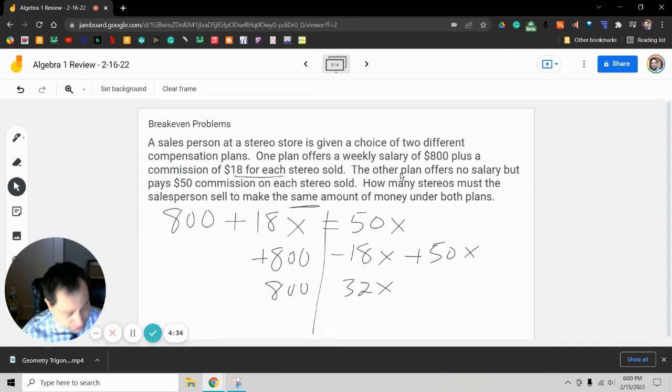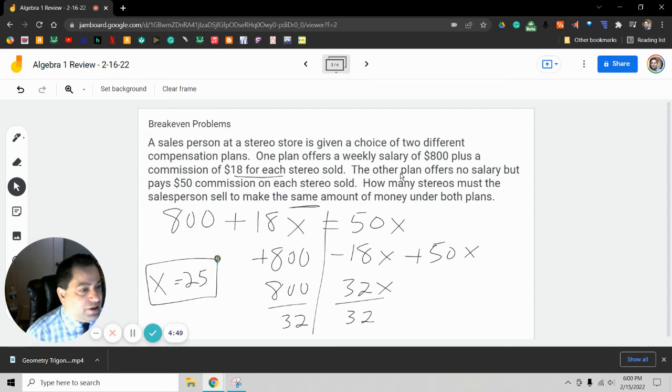I'm going to divide both sides by 32. Okay, and 800 divided by 32 is going to be 25. So once 25 stereos are sold, the compensation plans will be the same. Why don't you try a break-even question?